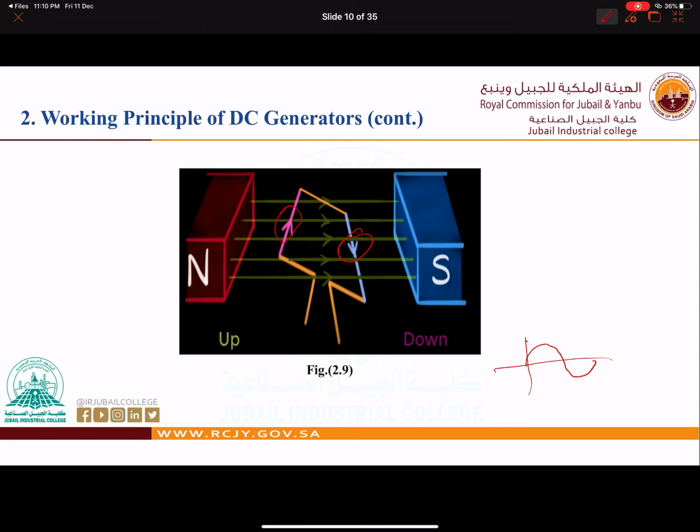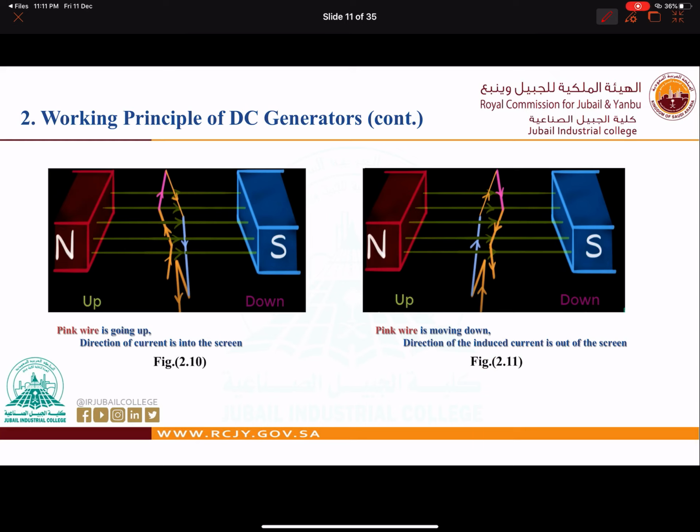As we explained, the pink wire here is going up, and the direction of the current is into the screen. If you use the right hand rule, you will see that the middle finger is on this side and the thumb is like this, so it is going up, representing the coil going up.